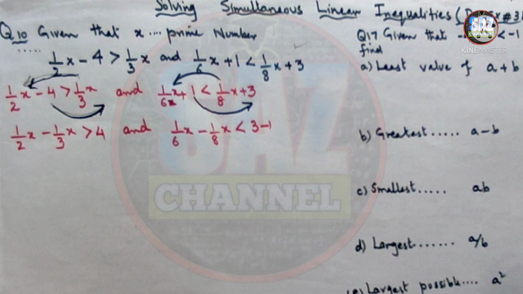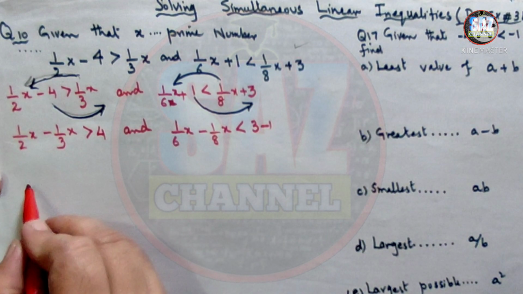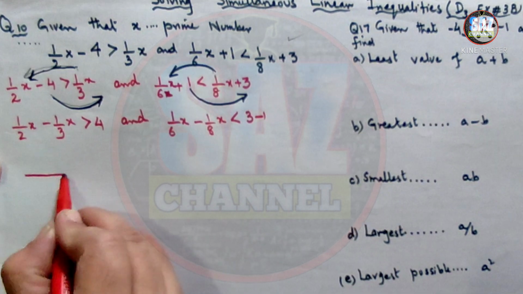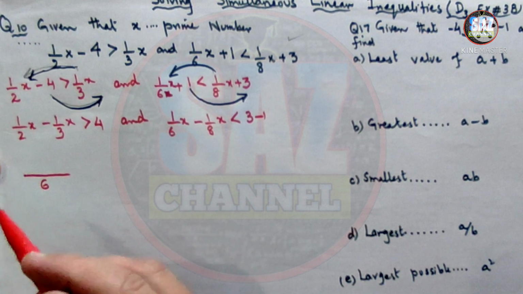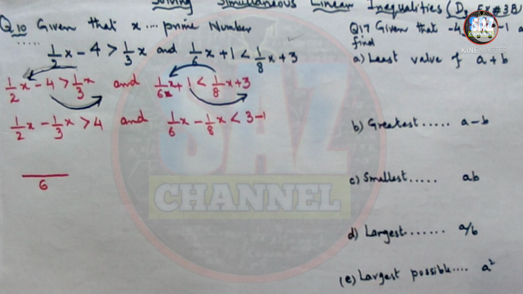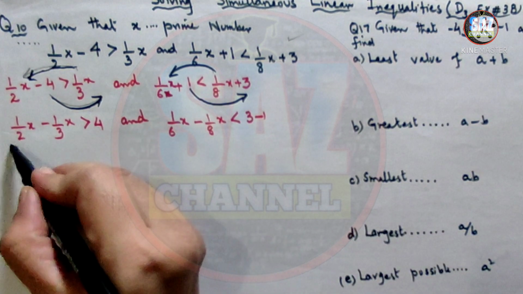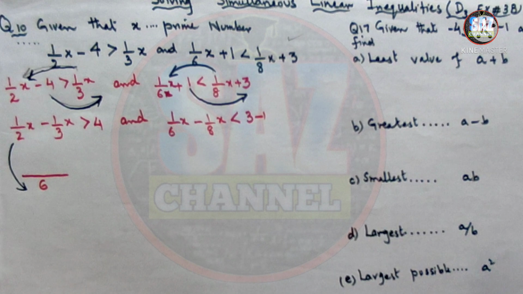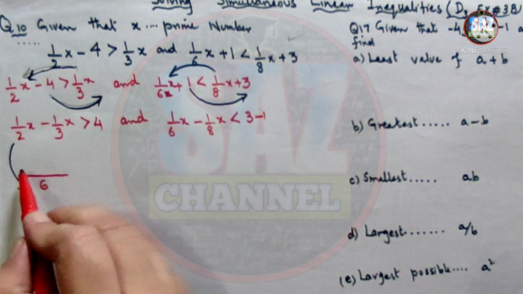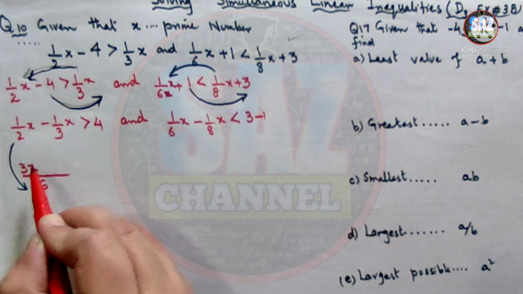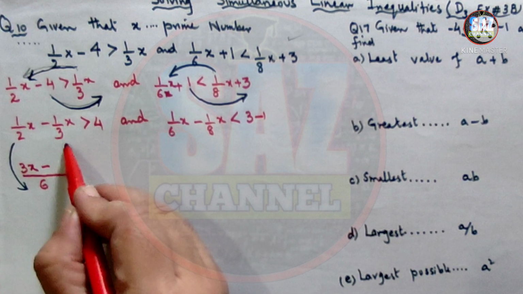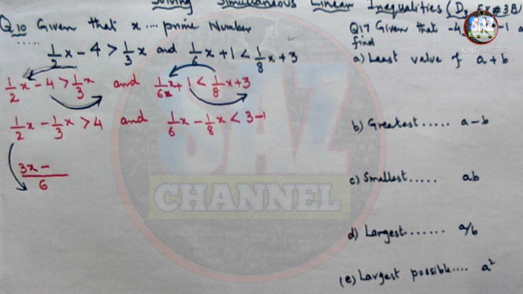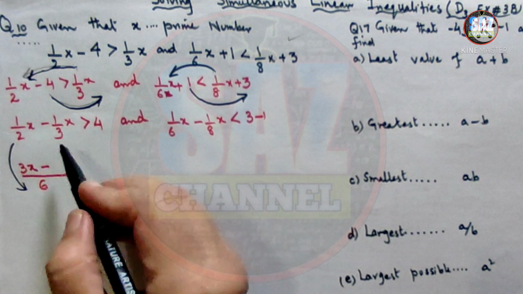Now we have to take the LCM of 2 and 3. LCM of 2 and 3 is 6, and then see 2 how many times is 6. 2 3s are 6, so 3 will be multiplied with the numerator and this will take the form 3x minus, 3 how many times is 6. 3 2s are 6.